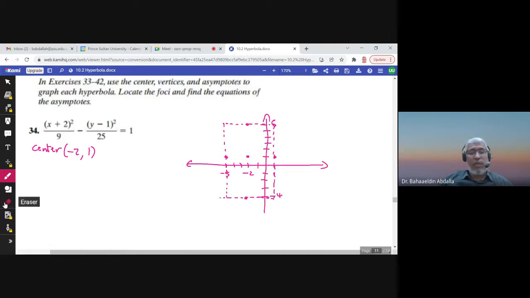Okay. And now the asymptotes, the diagonals of the fundamental rectangle. Yeah, it wasn't good because this is larger than this. So please understand that.